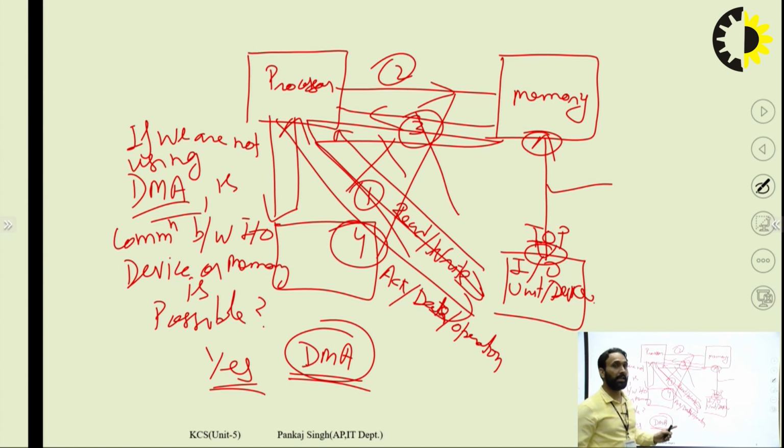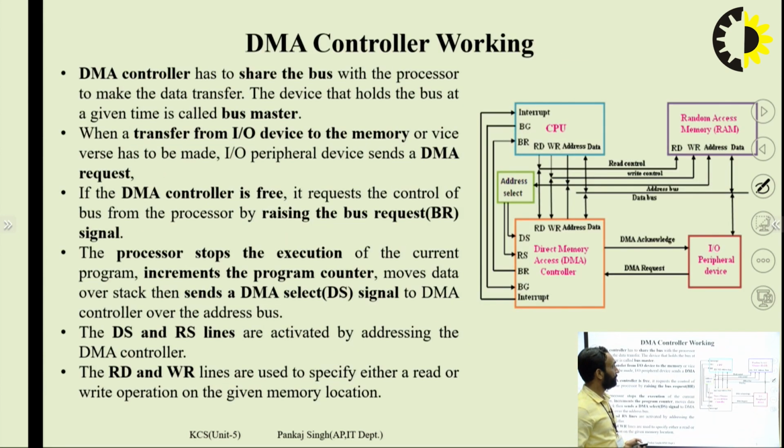We save one cycle in each operation so that we can directly provide communication between memory and IO devices. So one cycle is saved, or we can say stolen, from the communication between the processor, IO devices and memory.